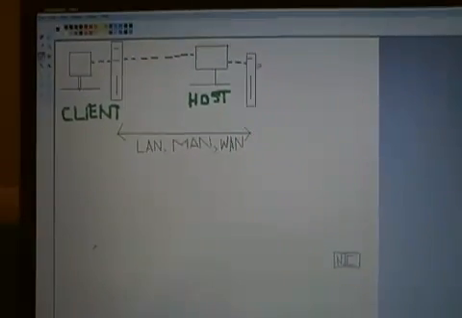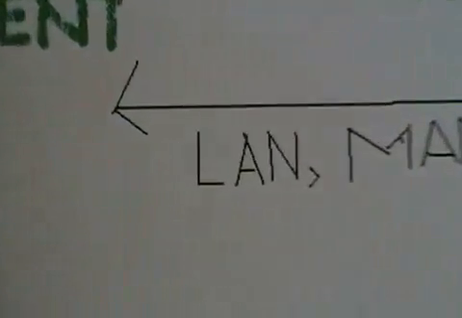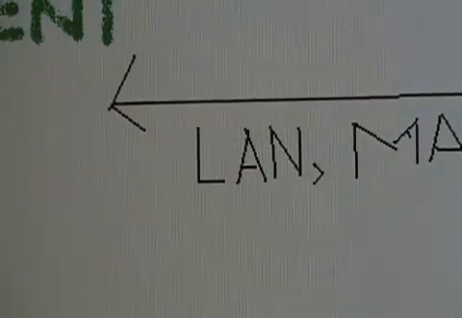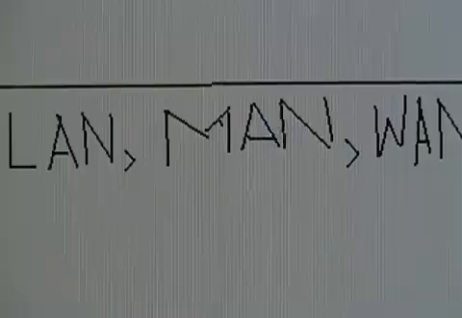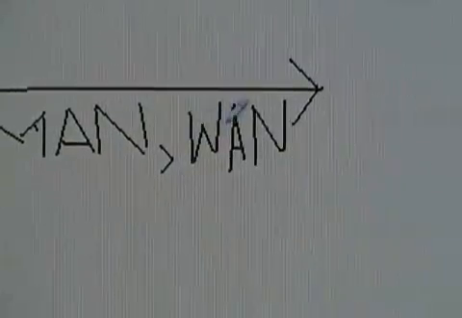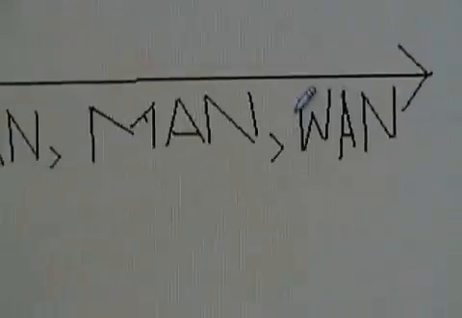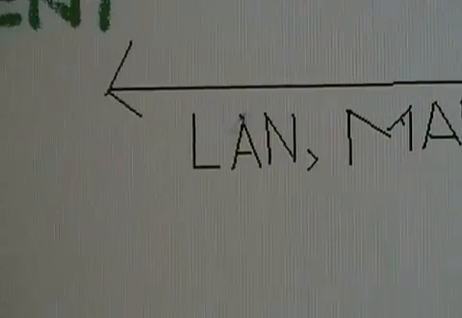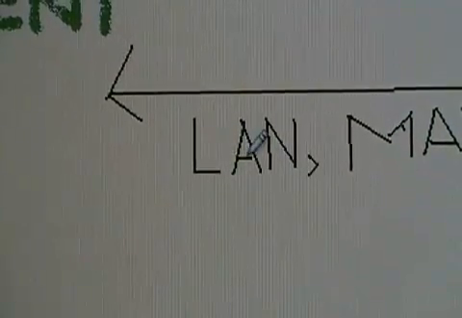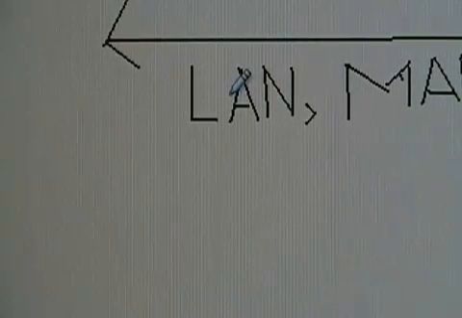Now, going into a bit more detail about computer networks, I'm just going to immediately divide them up into three different types. A LAN, as seen here, L-A-N, a MAN, as seen here, M-A-N, and a WAN, as seen here, W-A-N. Now, LAN stands for Local Area Network, and these are generally networks set up in one building or on one street.